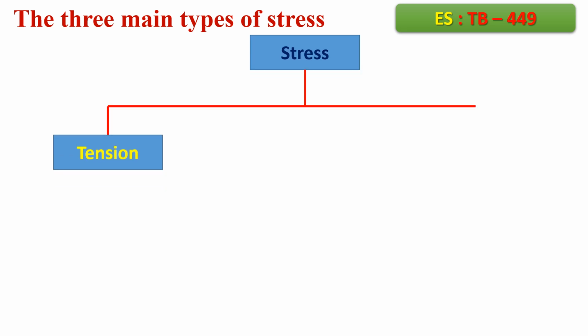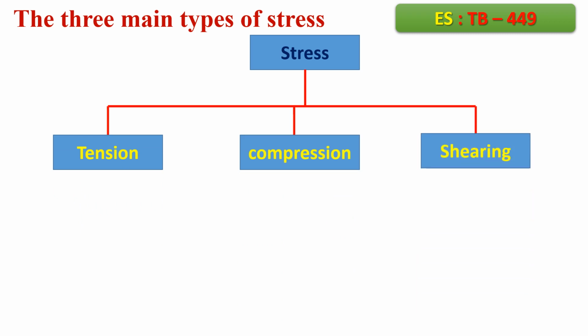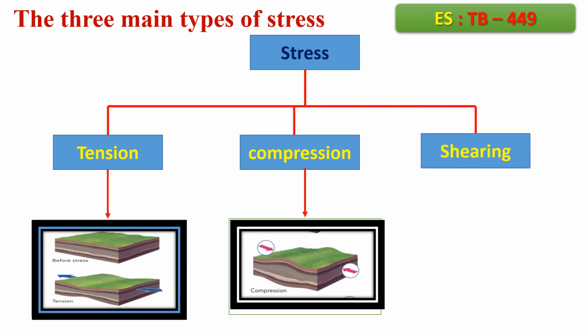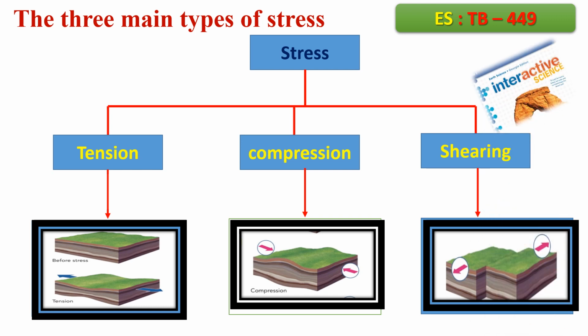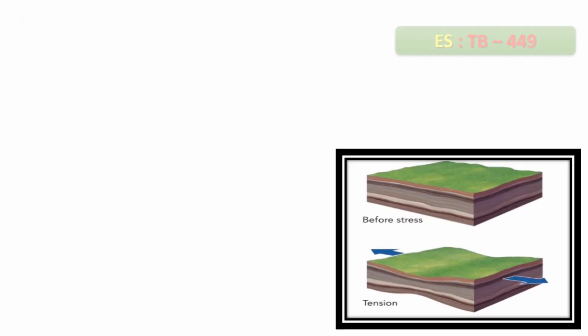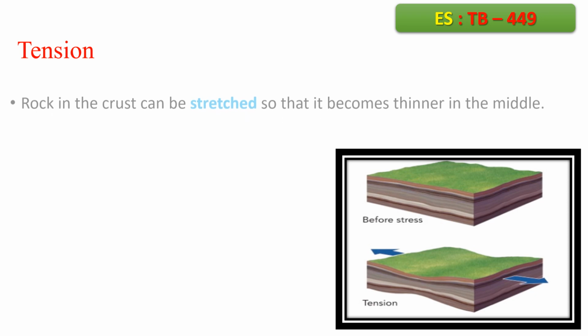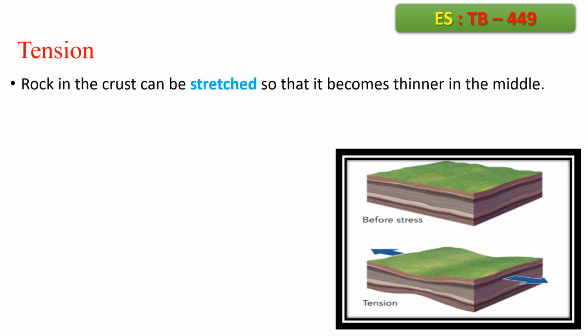The three main types of stress: tension, compression, shearing. You can watch the diagram of each example, how they are formed and what the shape of each one is. Tension. Look at the diagram.